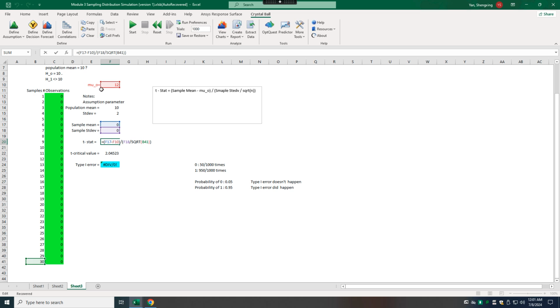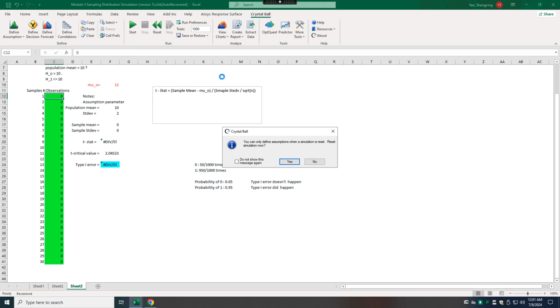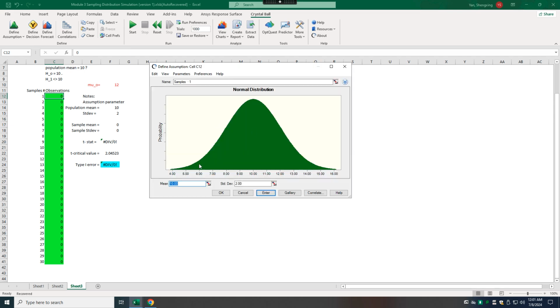See, we assume our null hypothesis is 12. That means we assume our sample is coming from the population with a mean of 12 instead of 10. We previously assumed this is 10.